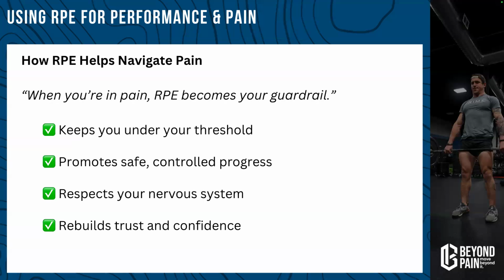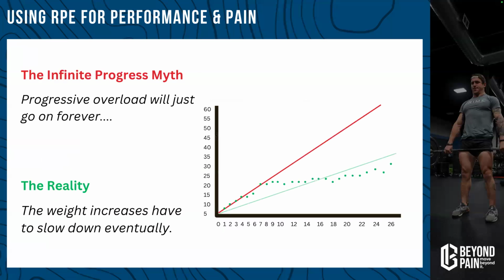It keeps you having progress, but not super fast progress that causes the engine to blow up. And it teaches you to respect the nervous system, right? Those alarms that the body is telling you, sometimes you got to listen, you got to back off so that your nervous system starts to trust you again. And you have confidence in yourself to make good decisions.